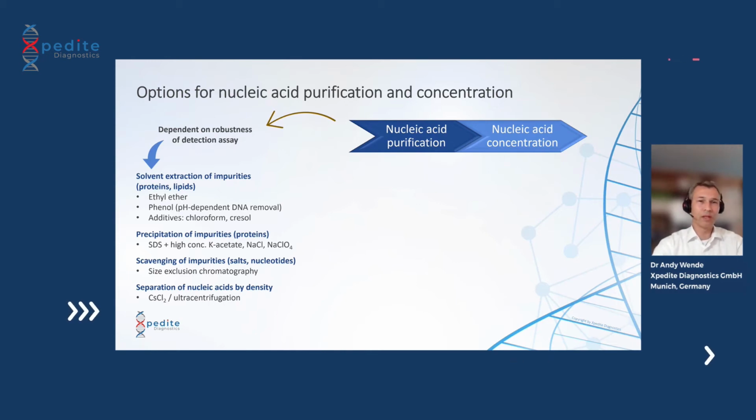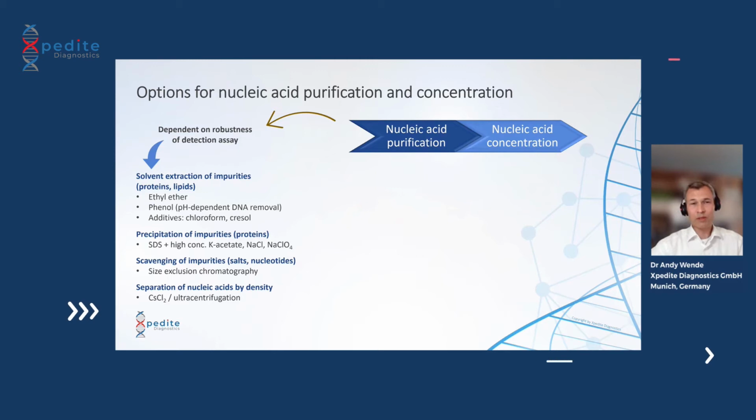You would do that by addition of SDS and later on addition of high concentration of salt ions like potassium or sodium. And then the proteins precipitate, and you can centrifuge them or filter them away. And yeah, you got rid of this part of the impurities.